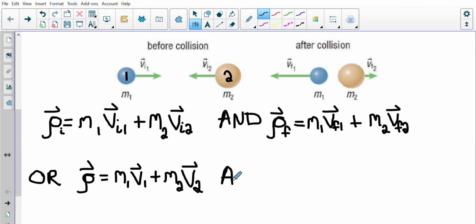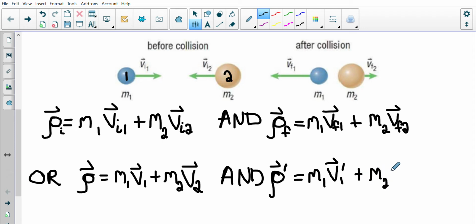And that doesn't really change much, but for my final total momentum, I put a little symbol there, prime, for those of you who are in calculus. That's your prime symbol. So then we have m1, still v1, but prime. And that prime is indicating that's after the collision, plus m2 v2 prime.